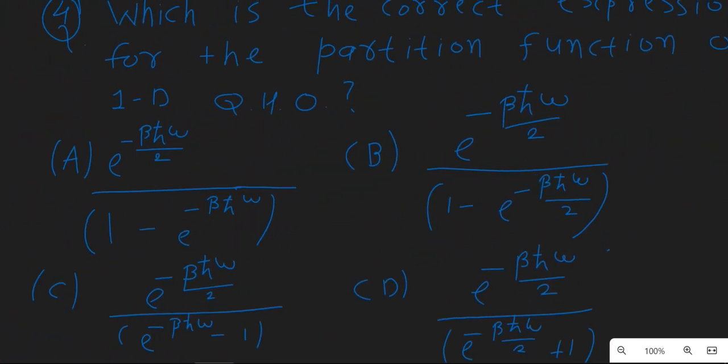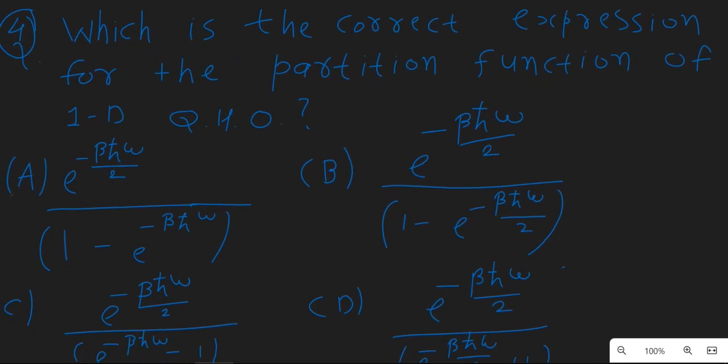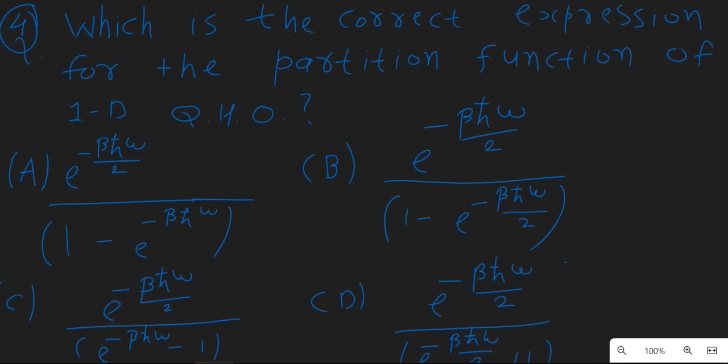Now fourth question. This is one of the best questions. You have to remember this directly also. Which is the correct expression for the partition function of a one-dimensional quantum harmonic oscillator?